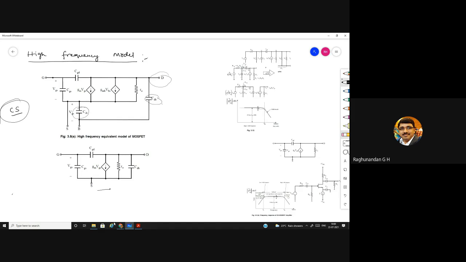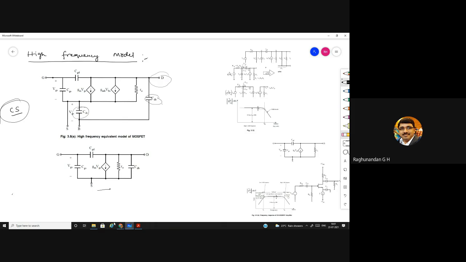So that is represented by this current source, because when you are trying to operate the MOSFET in enhancement mode, some amount of charges will jump into the gate terminals and all. Because of that, a small amount of current will be added. But when it is compared with the main current which is flowing towards the drain, this current can be ignored because it is minimum.